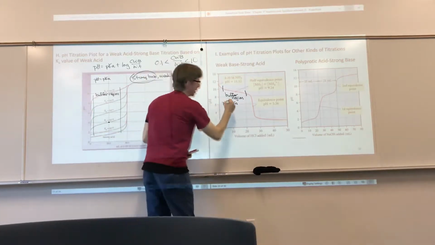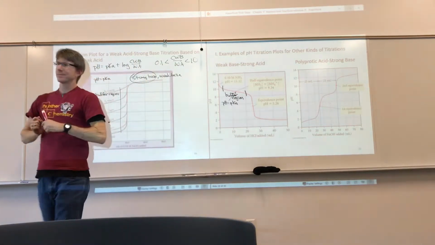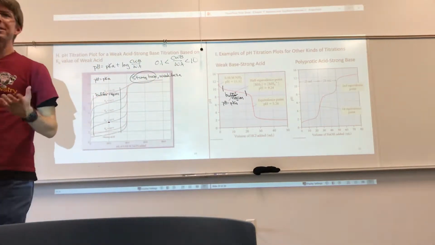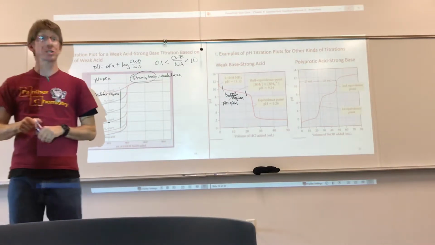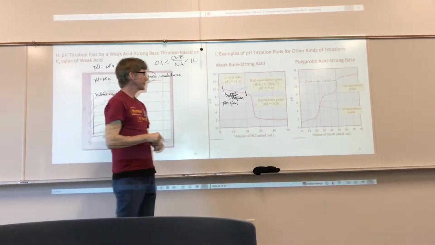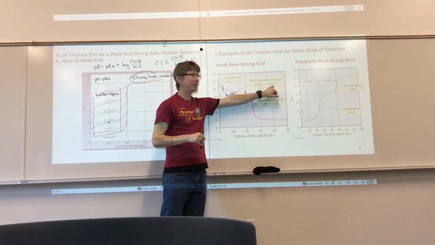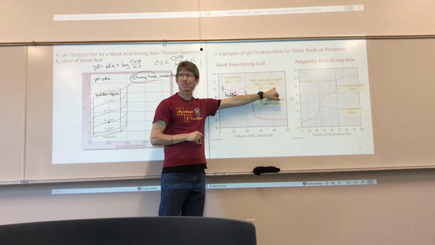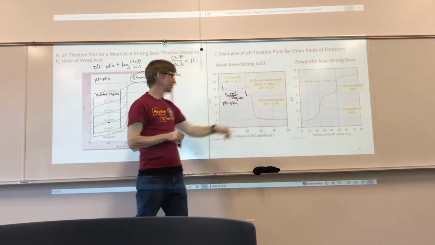Even though the pH is basic, the Henderson-Hasselbalch equation still works. We just have a Ka value over weak acid that is 5.6 times 10 to the minus 10. pKa is 9.24, so that's nice.